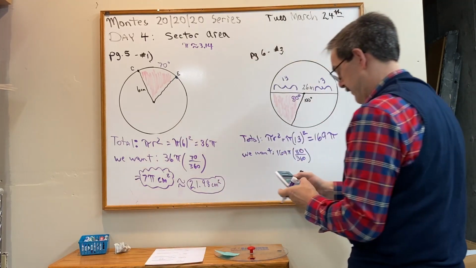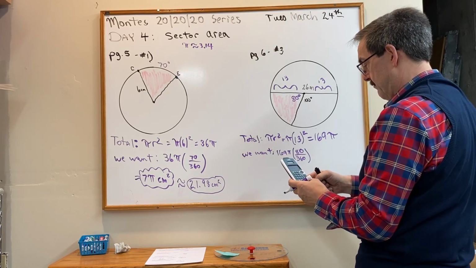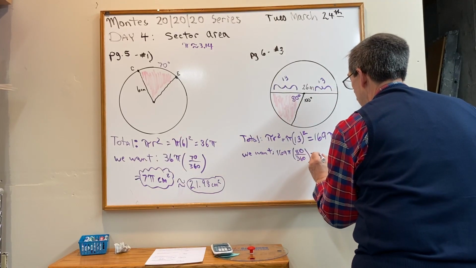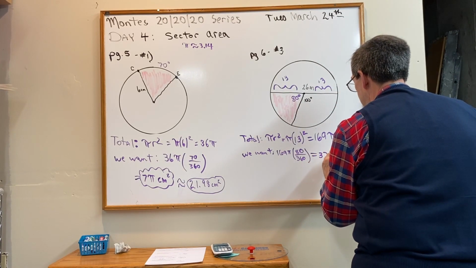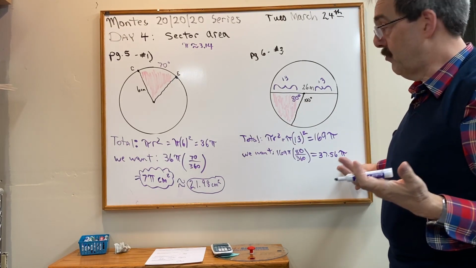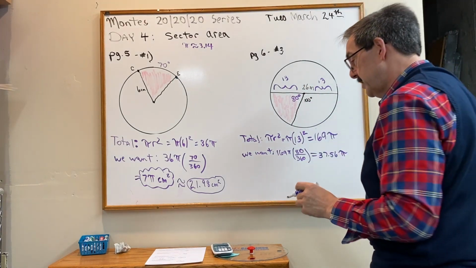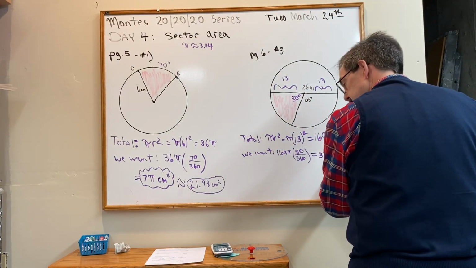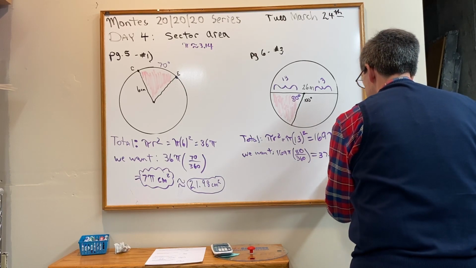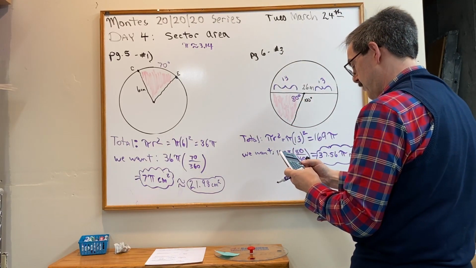See what we get there. 169 times 80 divided by 360. 37.56 pi. Again, you can multiply that out if you want. Okay? And in this case, it was meters squared. Times 3.14.